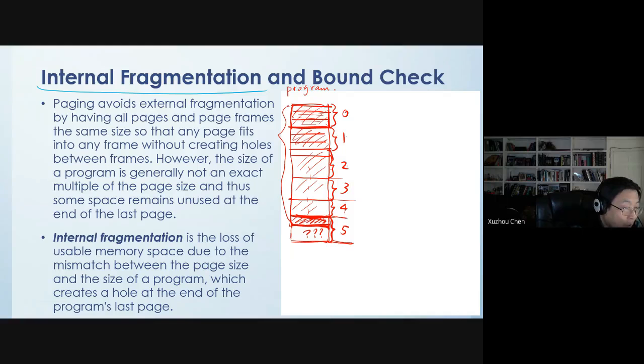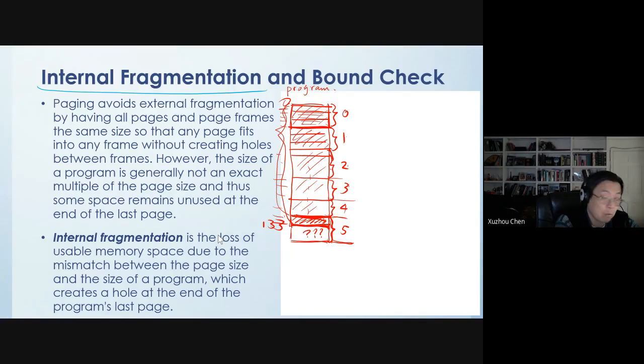However, the program size may not always be a multiple of the page size. The program could have logical memory addresses starting from 0, and the last one is 133. So 133 is not a perfect size.